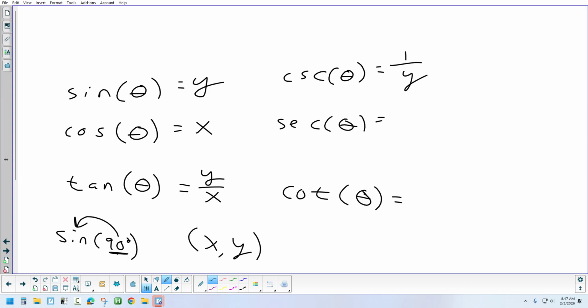Ruben, the secant? 1 over x. And Kent, the cotangent? X over y. So those are the definitions of the 6 trig functions if you know the coordinate on the circle.